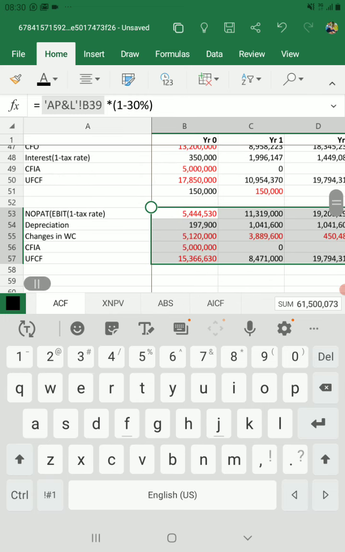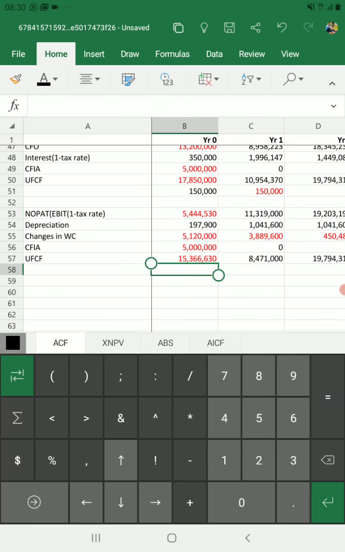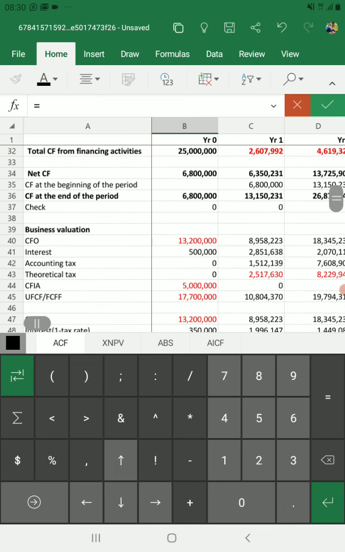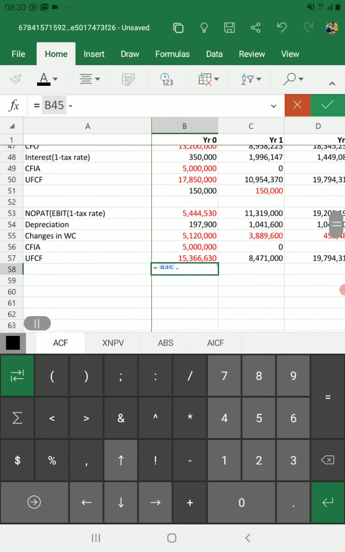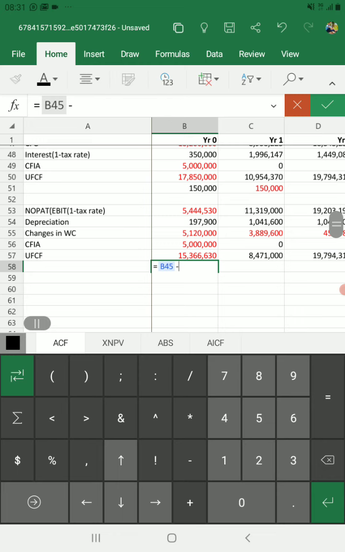Okay, now let us do the same again by looking at the difference between my methodology approach and this computed approach using the income statement. So I start with an equal sign, pick the unlevered free cash flow, the original one I used from my methodology, and then minus this one from the other party's approach.